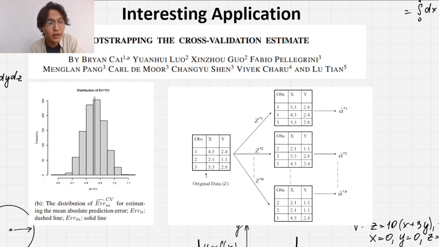So this is the plot of our bootstrap cross-validation estimate.